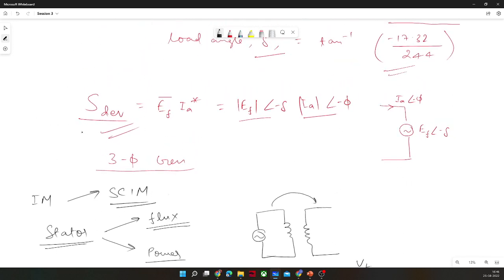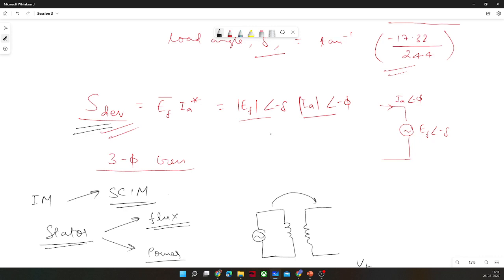So this was the developed power. Here, if I break it into two components, then anybody will be able to say that the flow of reactive power is from this to this. I will derive that equation, do not worry about that.